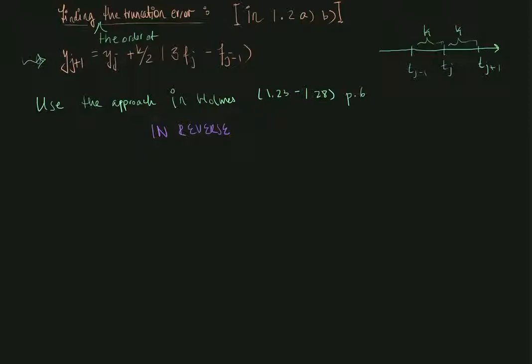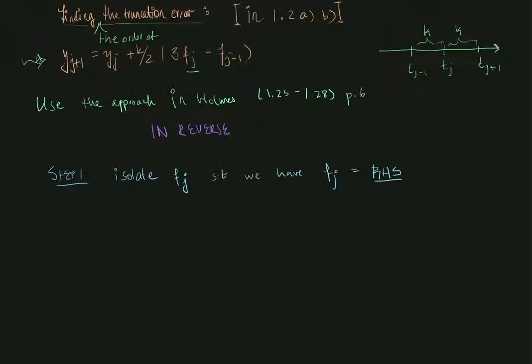Well, let's just start with step 1. Isolate Fj such that we have an equation where we have Fj on the left-hand side and all this other stuff on the right-hand side.